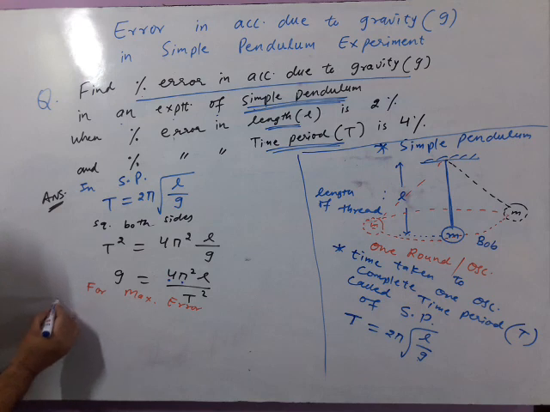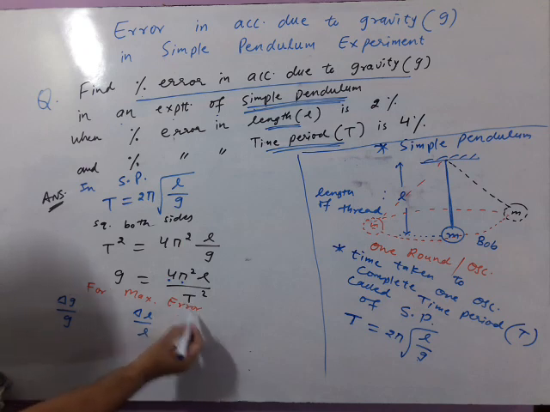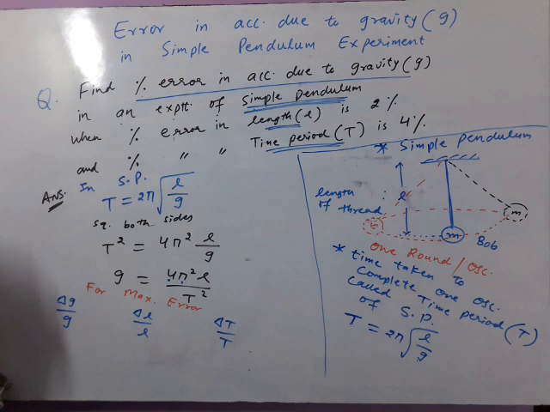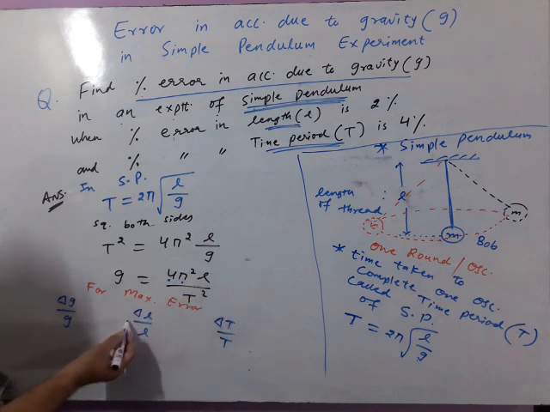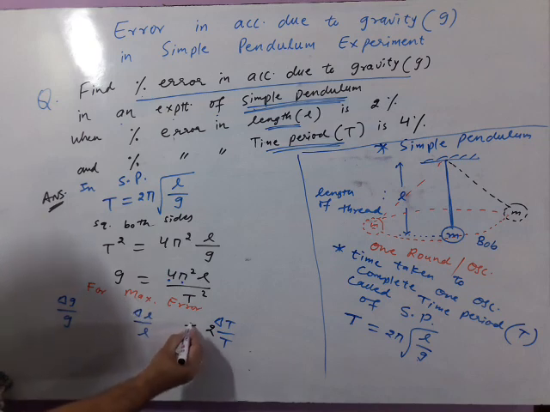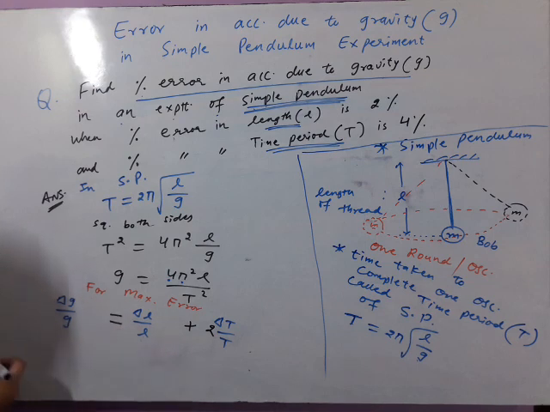If it is G, then you say delta G by G. L, delta L by L. T, delta T by T. Then powers are multiplied. G raised power 1 into 1. L raised power 1 into 1. T raised power 2 into 2. Since we are finding maximum error, put plus sign in between, and this is equal sign here.